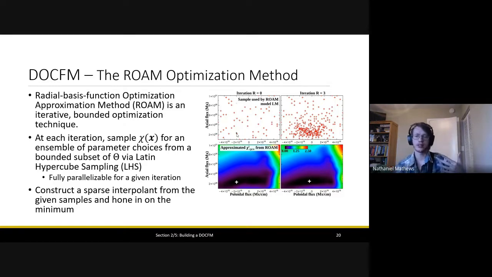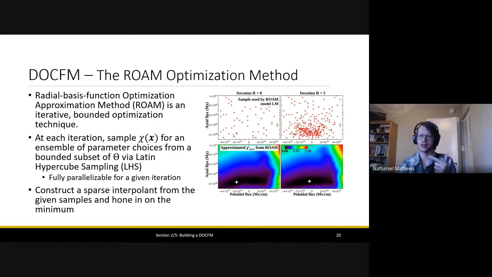This will allow us to measure our error, both in terms of the actual magnetic field and in terms of our parameter space, how far off we ended up from the true parameters. We do that by running the model with a bunch of different axial and poloidal fluxes, and then we interpolate a smooth surface that goes through all of the observation differences that we found.